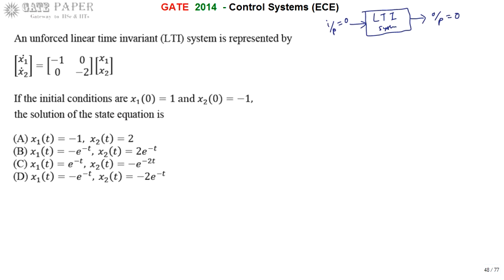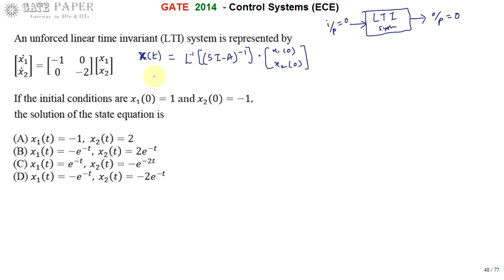Whenever the initial conditions are given, the state equations can be calculated using this: x of t is equal to Laplace inverse of (sI minus A) inverse into the initial conditions, which are x1 of 0 and x2 of 0.